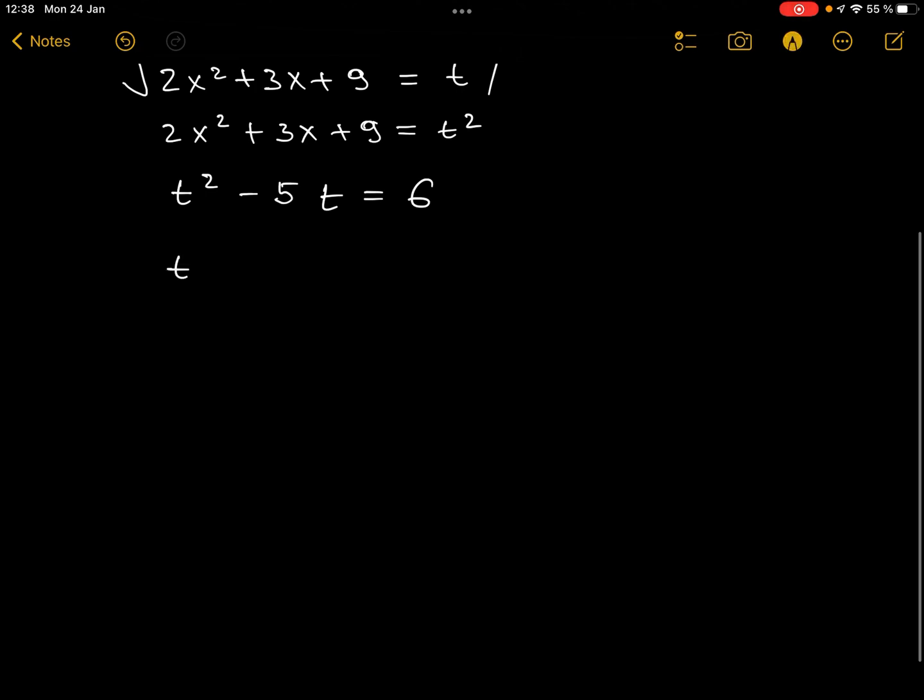Or in other words, t squared minus 5t minus 6 is equal to 0.